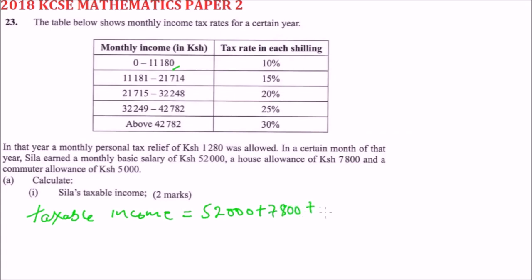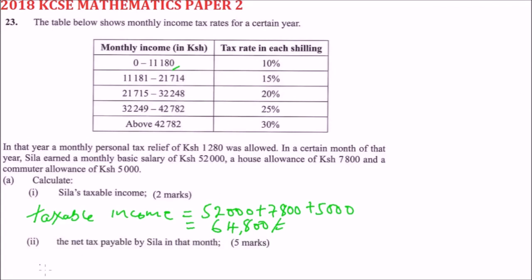You add to the commuter allowance of 5,000, and when you add up this, you get it is 64,800. So that is taxable income. All the monies that he earned in that particular month. Then we go to the second part, Roman number 2.